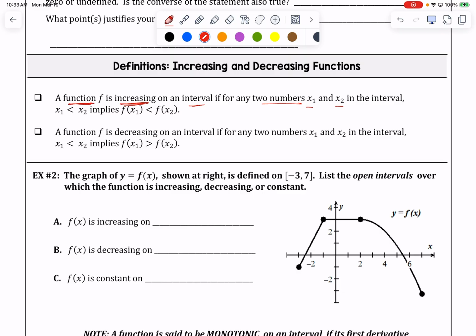So if you take an x value and get to the next x value, it implies that x1 is less than x2, so x1 comes first, then x2. If f of x sub 1, the y value at the first x, is less than the y value at the second x, what's happening? It's going uphill. Now, I also want to make a note here. This is going to happen where f prime is positive. Please make that note. That's important.